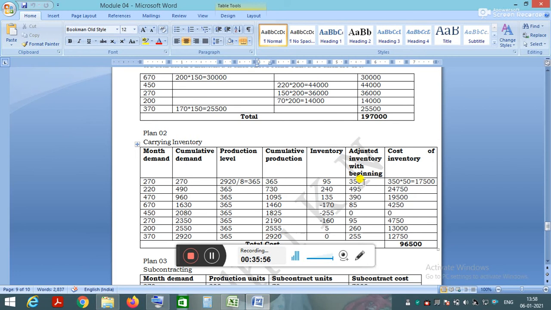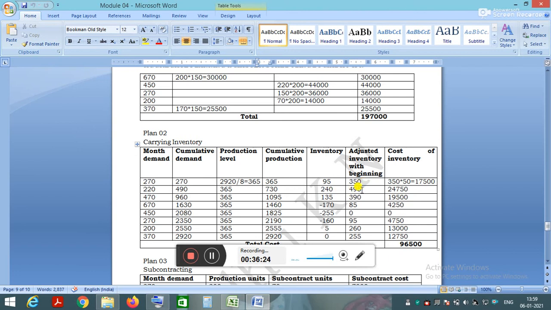If 620 products were manufactured in the beginning month itself, in the month of January, but the demand is 270, the inventory available becomes 350. We produce 255 products extra in the month of January itself, so that we can meet our demand.